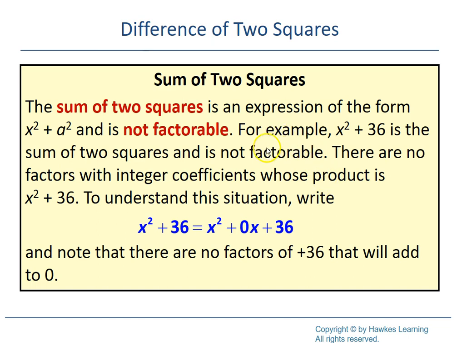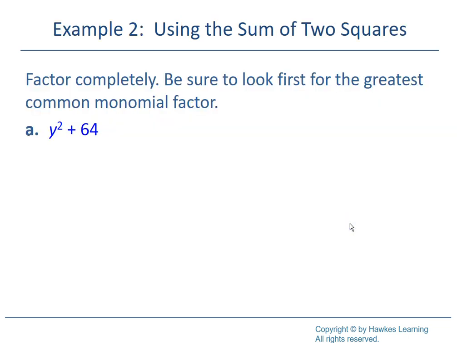Now, one thing students sometimes get confused about is that here this is the sum of perfect squares, and that is not factorable. Okay? So this is not factorable. Again, this is the sum of perfect squares.